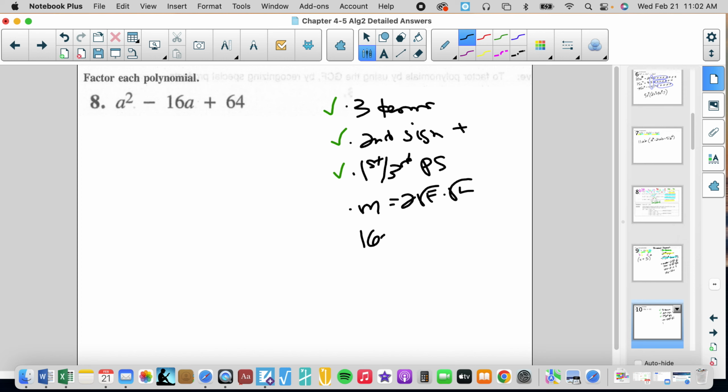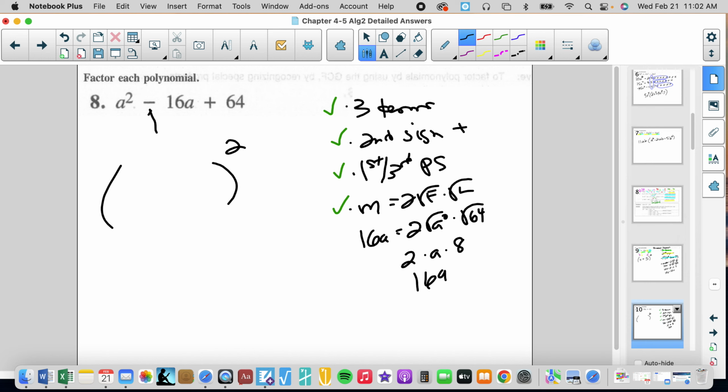Does 16a equal 2 times the square root of a squared times the square root of 64? 2 times a times 8, 16a. Yes. So I'm going to write a binomial square. This sign is my sign. I'm going to take the square root of a squared, which is a. I'm going to take the square root of 64, which is 8. And there it is.